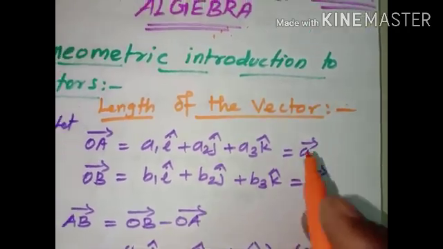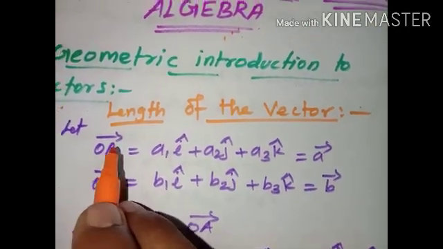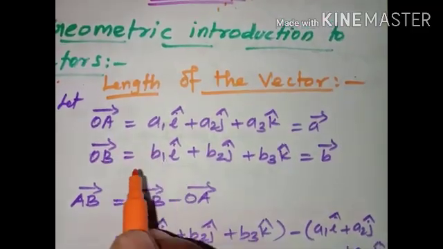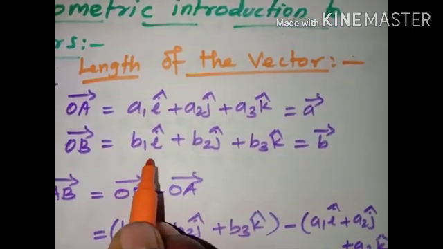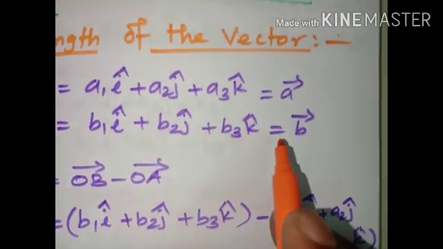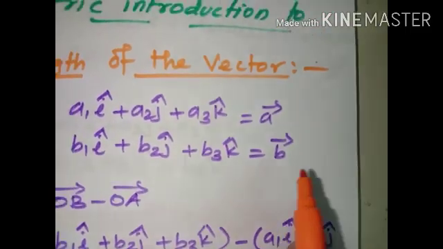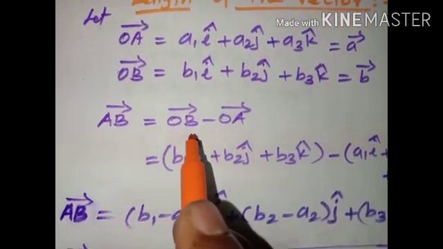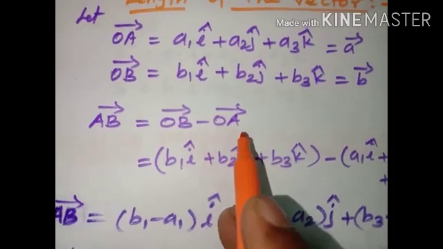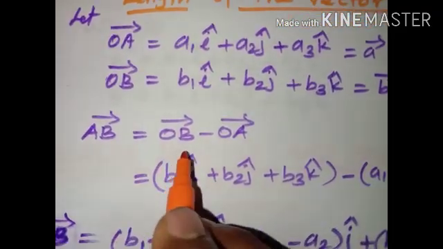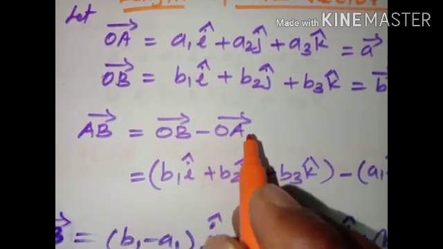OB vector is also a position vector, OB vector equal B1 i cap plus B2 j cap plus B3 k cap, equal to B vector. So AB vector equal to OB vector minus OA vector.